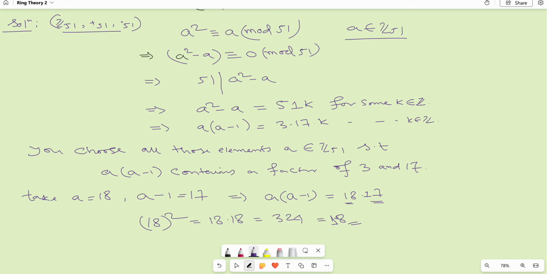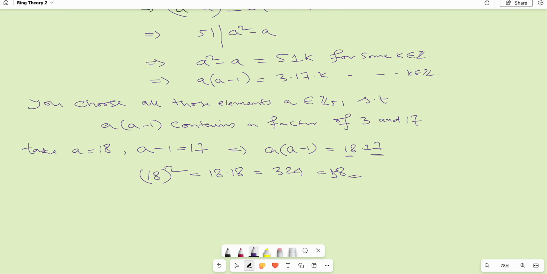So 18 square equals 18. So 18 is an idempotent element here. So this statement is clearly false, but can there be any other element?